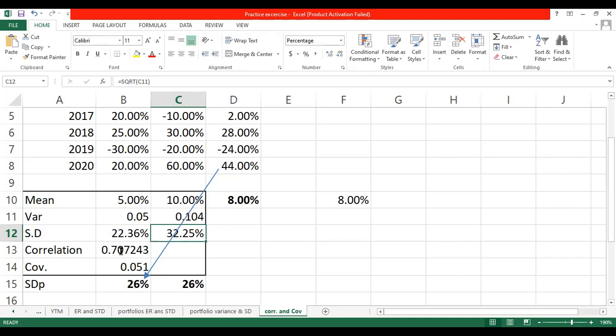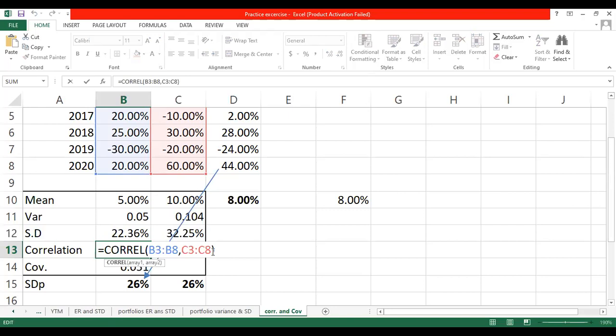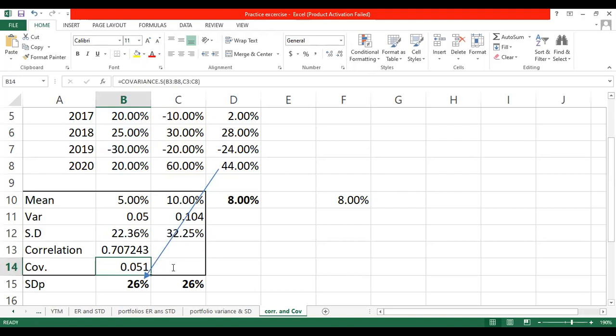Now calculating correlation is very simple, is equal to correlation, select column 1 comma column 2, press enter. That is the correlation. And covariance again is equal to covariance formula, select return of stock 1, comma, return of stock 2, press enter, that is your covariance.